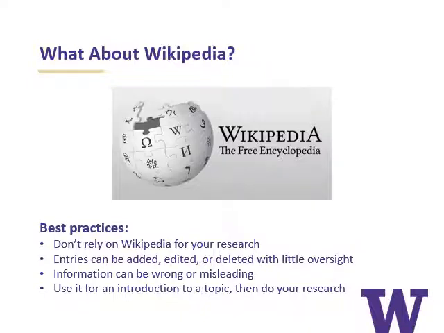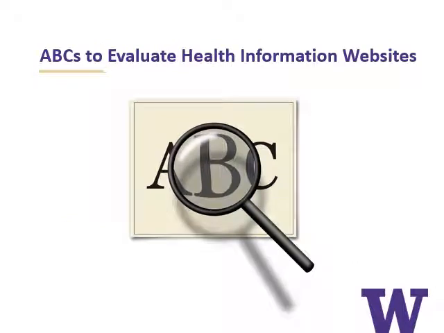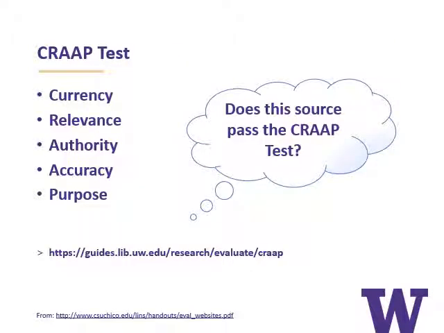other resources. Health information websites are very popular sources of information. We're going to talk about the ABCs of evaluation. These evaluation skills are helpful both as a medical professional and as a consumer of health information. One popular evaluation tool is called the Mrap test. It was developed by librarians at California State University, Chico.